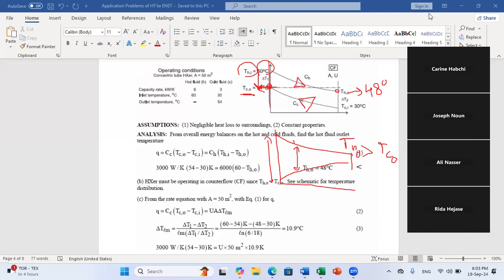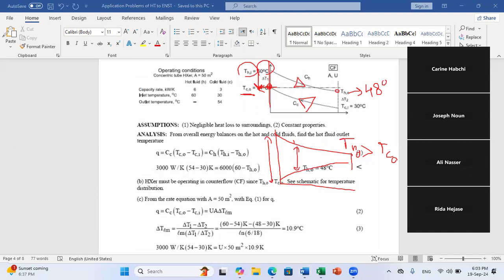Next step, they want us to find the effectiveness of our heat exchanger. To answer this question, the effectiveness definition is given. So I gave you here the definition of effectiveness.